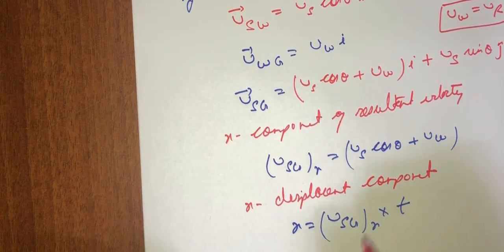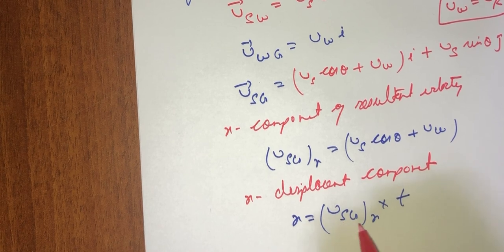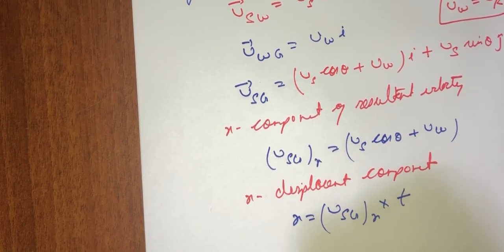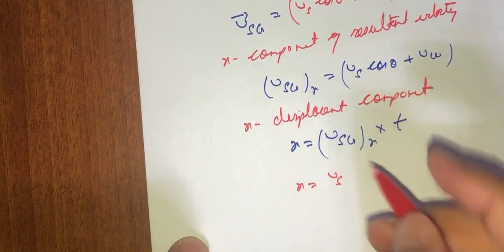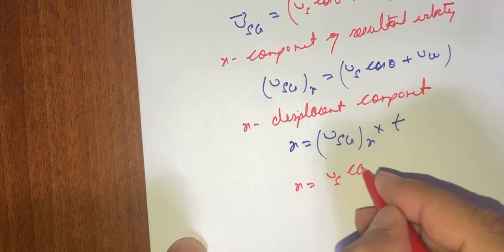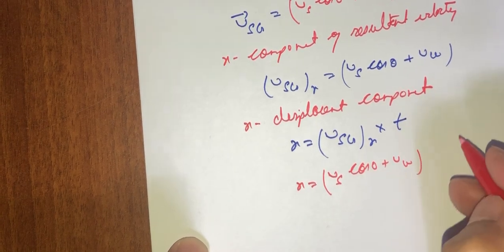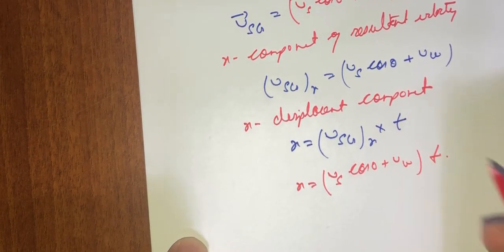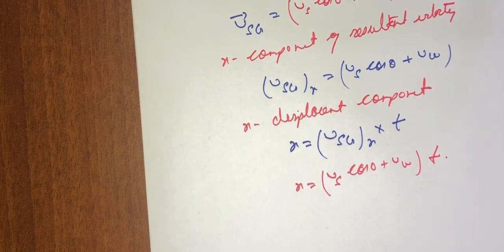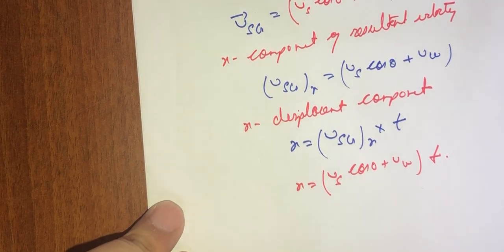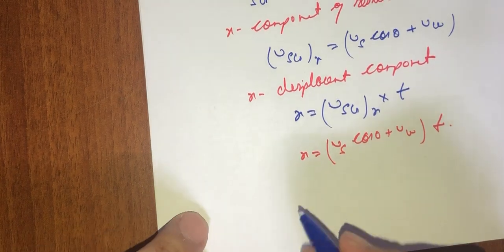So we already know Vsg in x direction will be coming as Vs cos theta plus Vw multiplied by time t, and we can find out y component of displacement also.